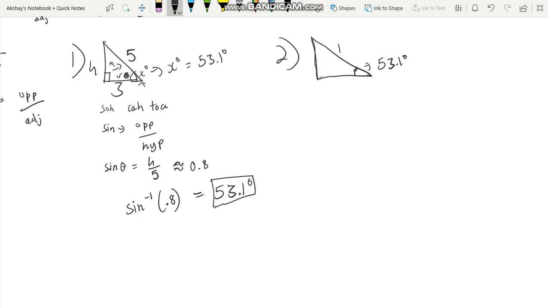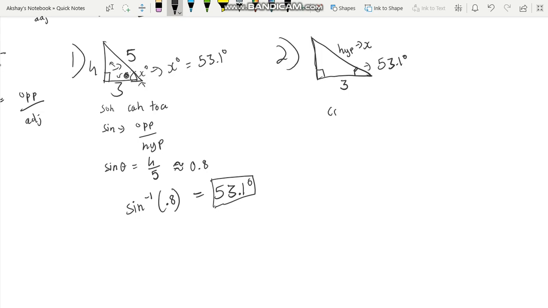We're given our adjacent to our theta, in this case, our 3. And we're asked to find our hypotenuse, or our x.